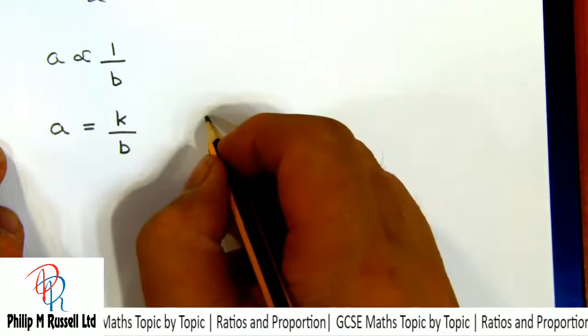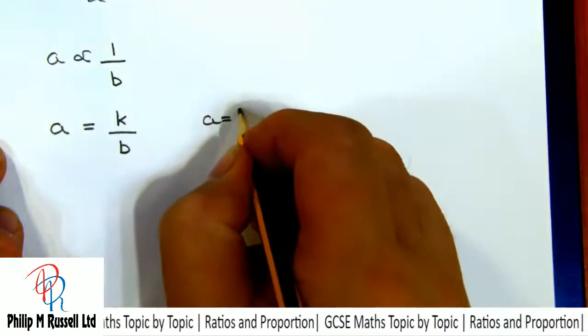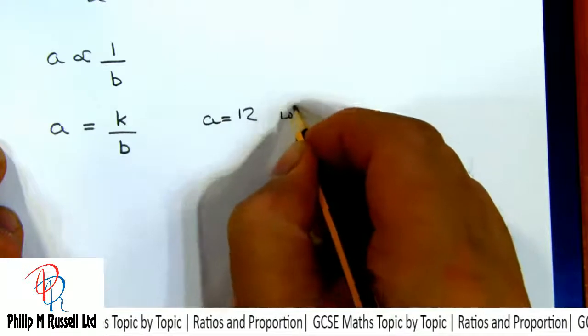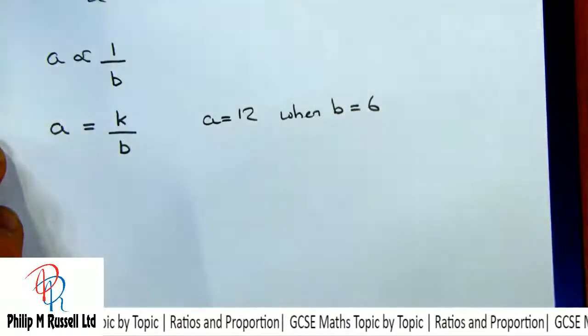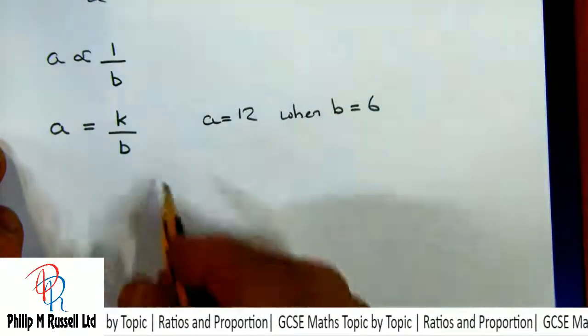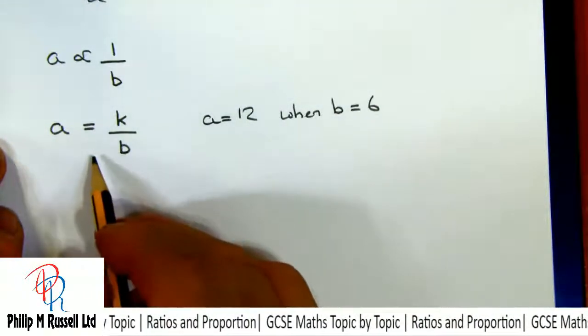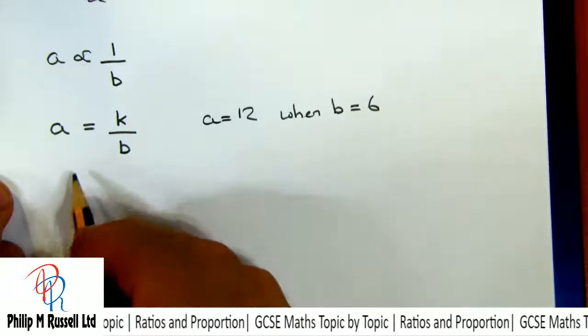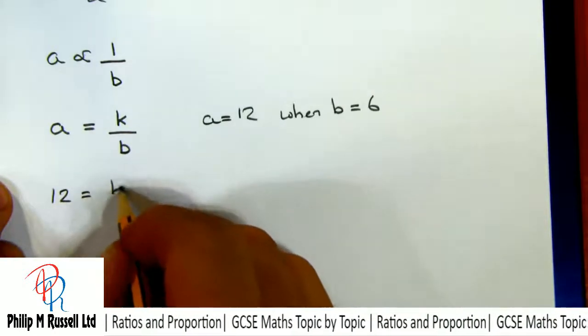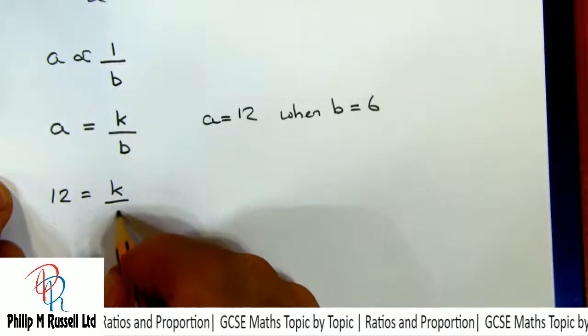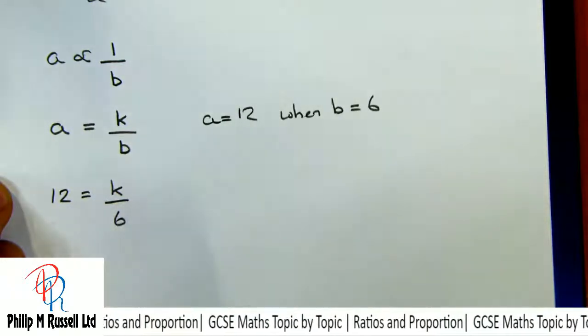Let's suppose here A equals 12 when B equals 6. I'll use the same numbers, but it's going to give us a very different type of result, because now I know that 12 equals K divided by 6.